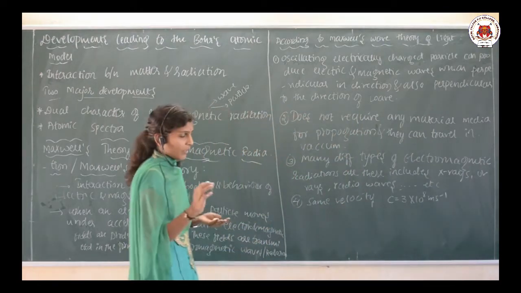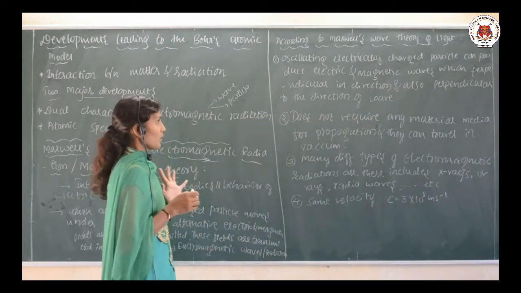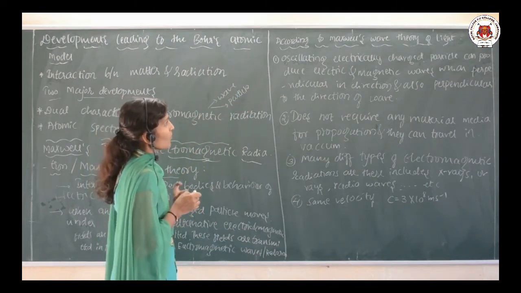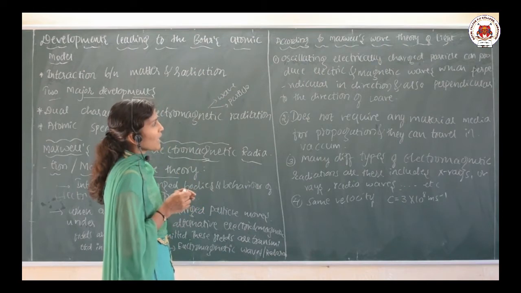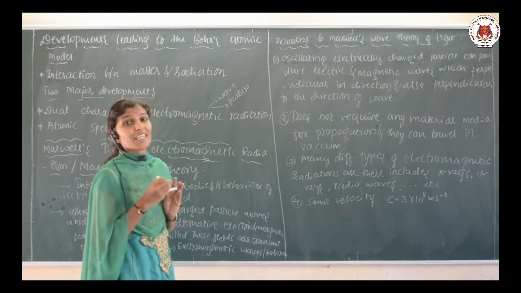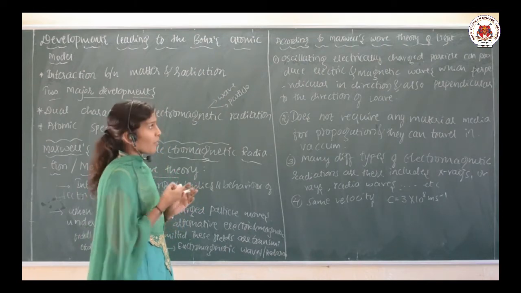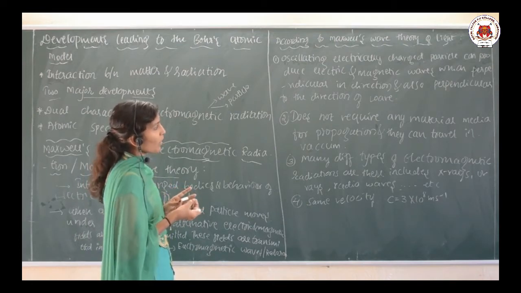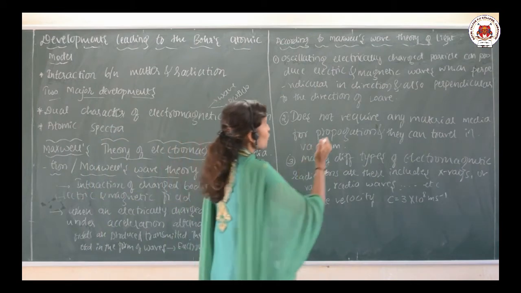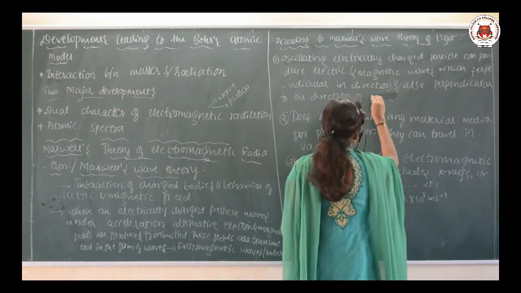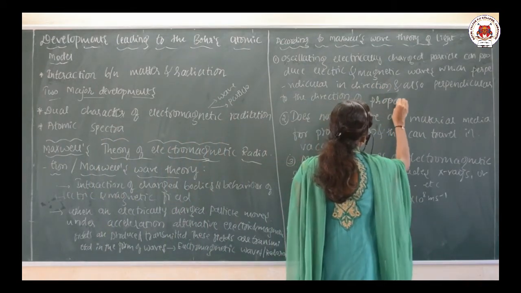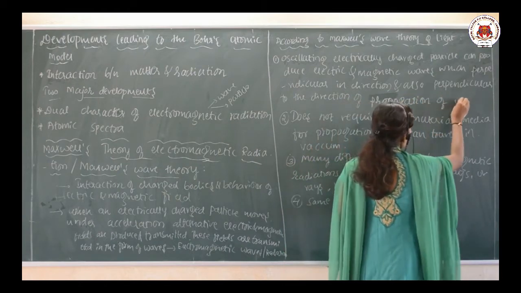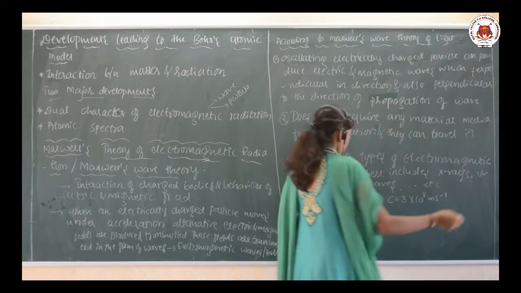See here, for now I will explain these points. An oscillating electrically charged particle can produce electric and magnetic waves which are perpendicular in direction and also perpendicular to the direction of propagation of the wave.